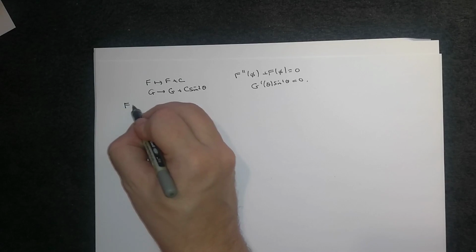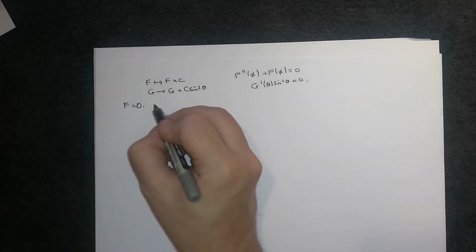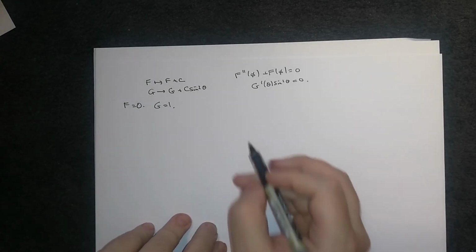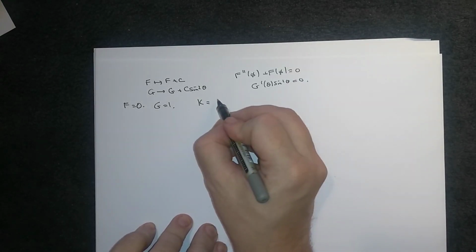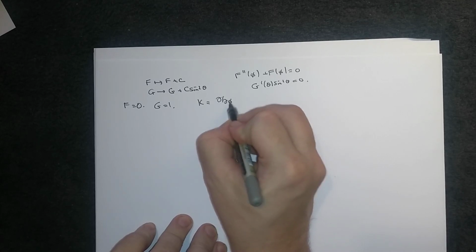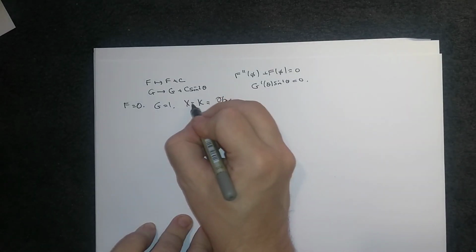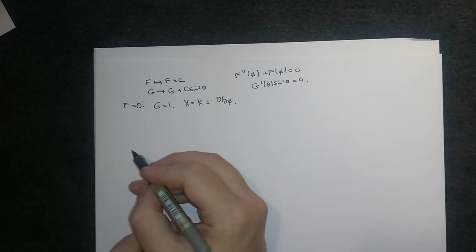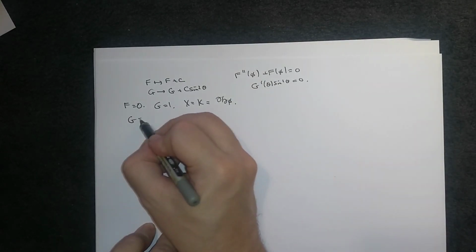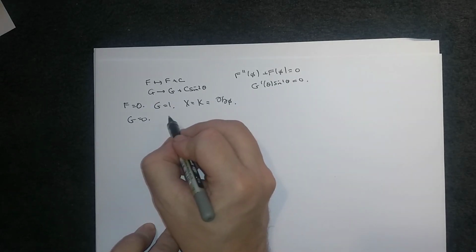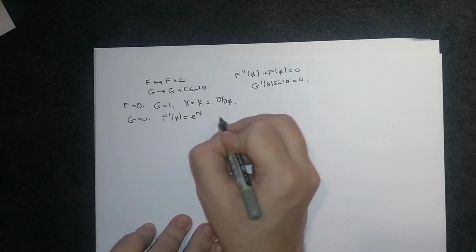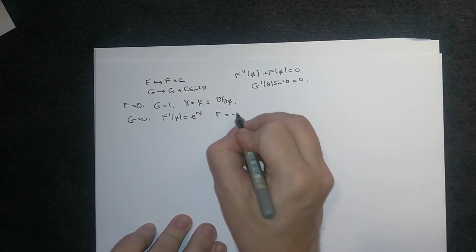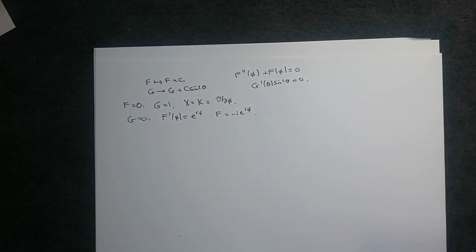Well, let's take the first one. f is 0 and g equals 1. So then k is equal to d by d phi. Let's call that thing x. Now assume g is 0. The solution to this will have f, actually I'll write f prime as e to the i phi. So f is minus i e to the i phi. For instance, we're not worried about constants, as I've already said.